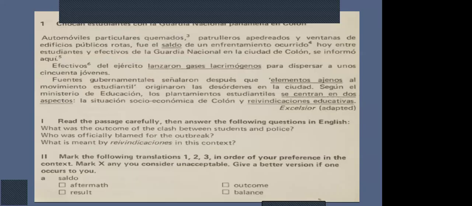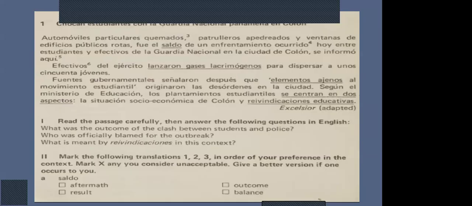That could be the title, news title. Then burned private cars, stoned police patrols or vehicles could be, and public buildings' broken windows was the outcome from the clash between students and National Guard in Colón City was reported. I think that I have to rewrite this, but well, was reported.